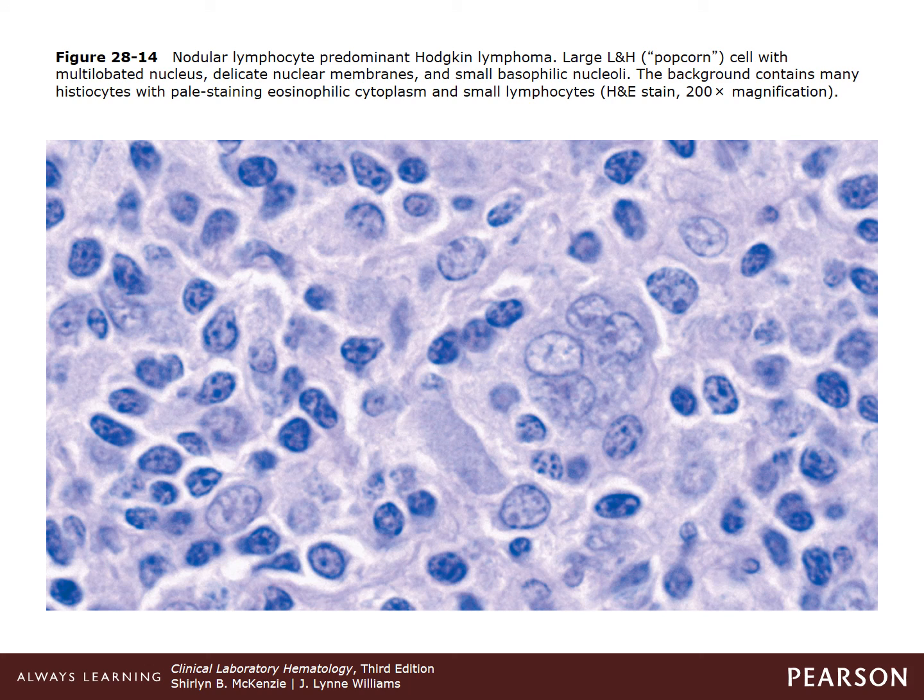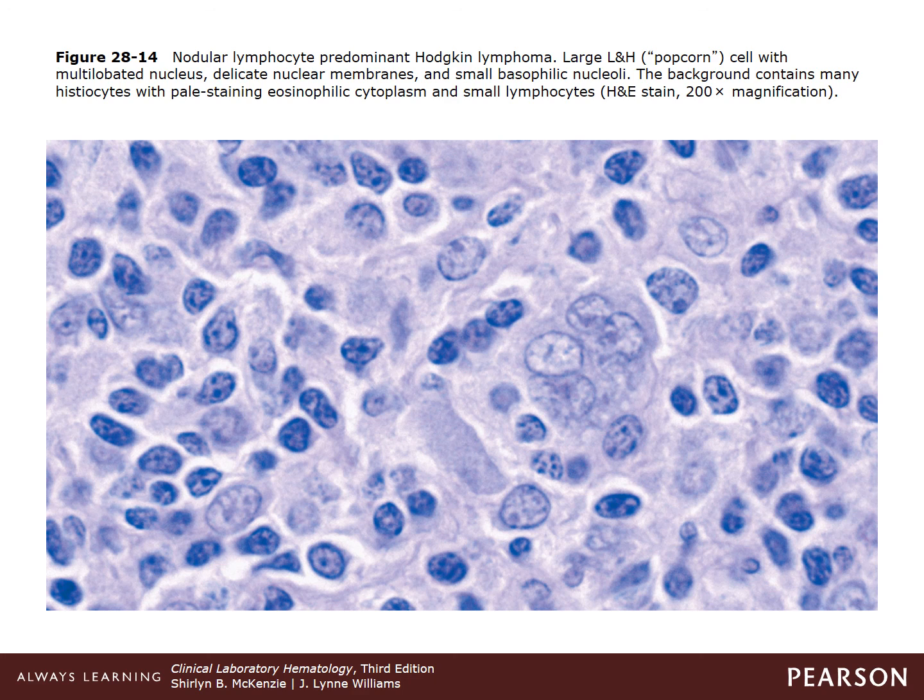The lymphocyte predominant type of Hodgkin lymphoma is composed of numerous reactive small lymphocytes and rare tumor cells that grow into loose nodular aggregates. These tumor cells can have a large multilobulated nucleus with delicate nuclear membranes, fine granular chromatin, and small indistinct nucleoli, which makes it look like a popcorn cell.